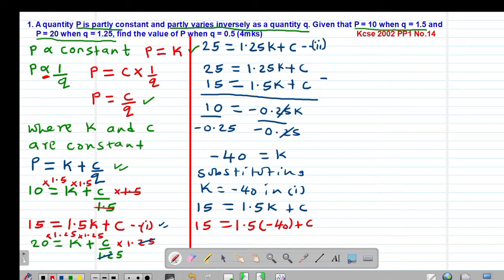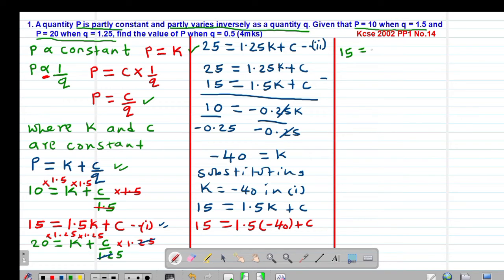Then let me separate my working with a line here. So I'm going to get the following. So 15 is equal to, if I take 1.5 and multiply with negative 40, I'm going to get negative 60.